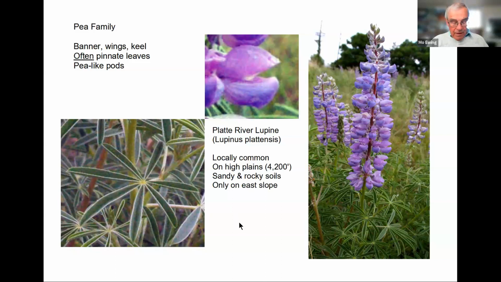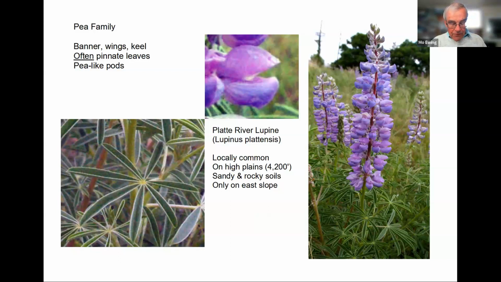And remember, the keyword said often pinnate leaves, but in lupins, the leaves are not pinnate, with a central stem and leaves off either side. They're palmate. Now, this is a classic palmate leaf. The stem comes up here and all the leaflets come out of the top.